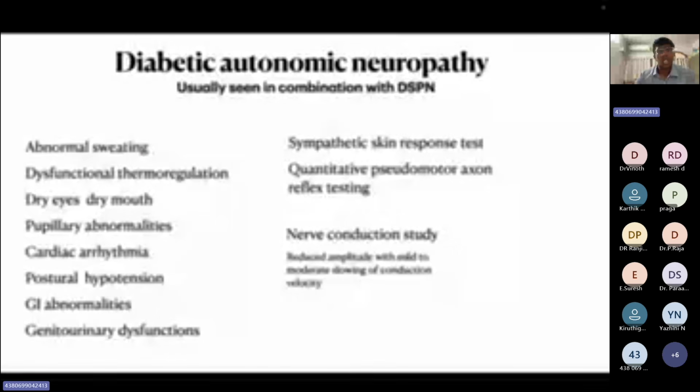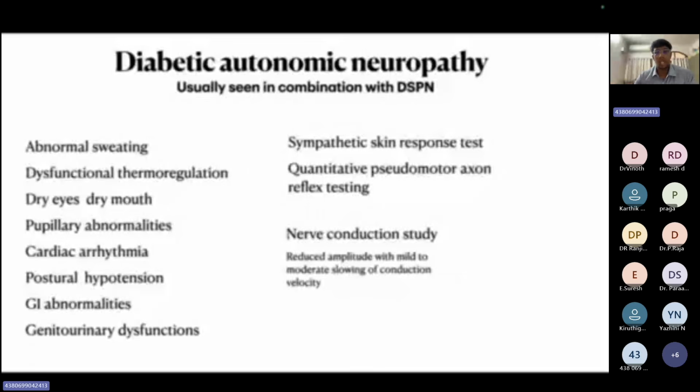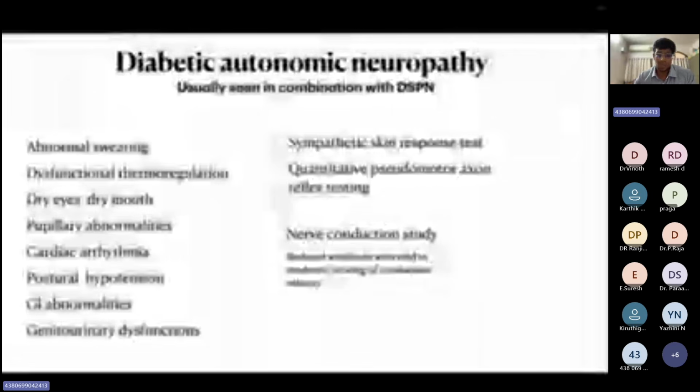Next is the diabetic autonomic neuropathy, which usually occurs in combination with DSPN. Here the patient experiences abnormal sweating, dysfunctional thermoregulation, dry eyes, dry mouth, pupillary abnormalities, cardiac arrhythmias, and GI abnormalities like diabetic gastroparesis and postprandial bloating.